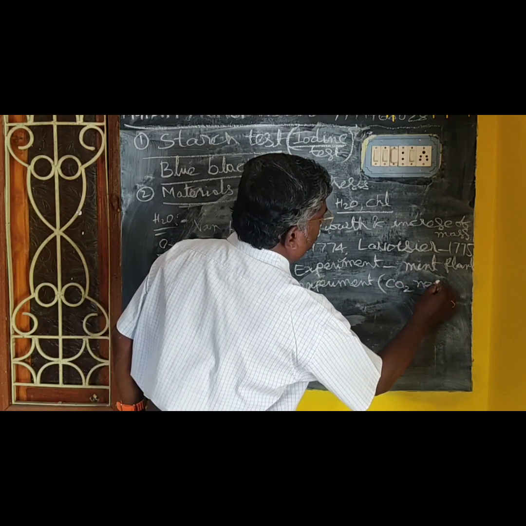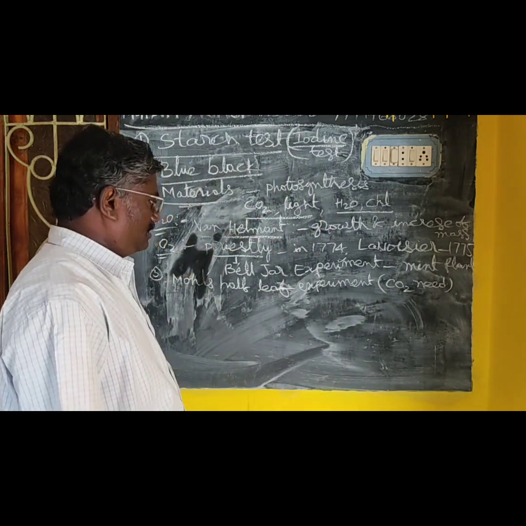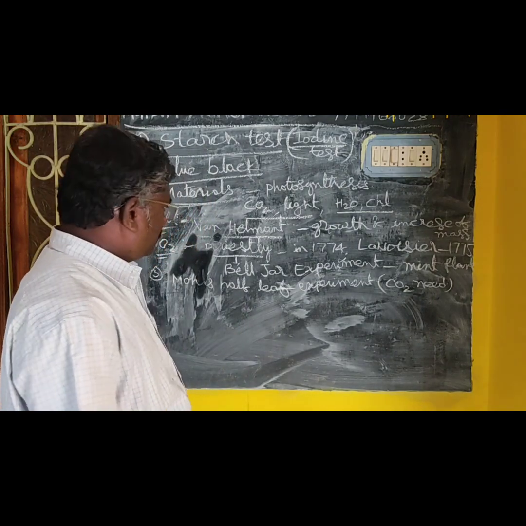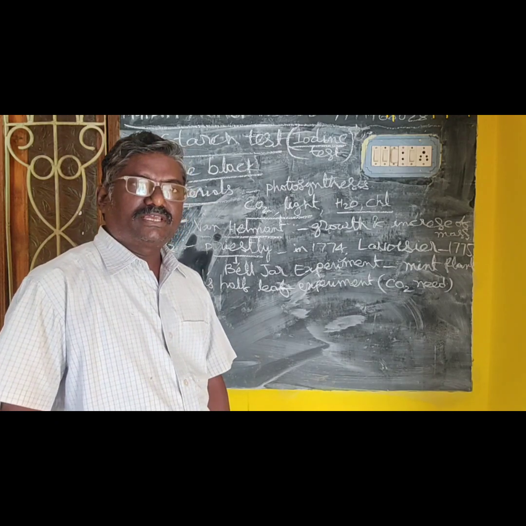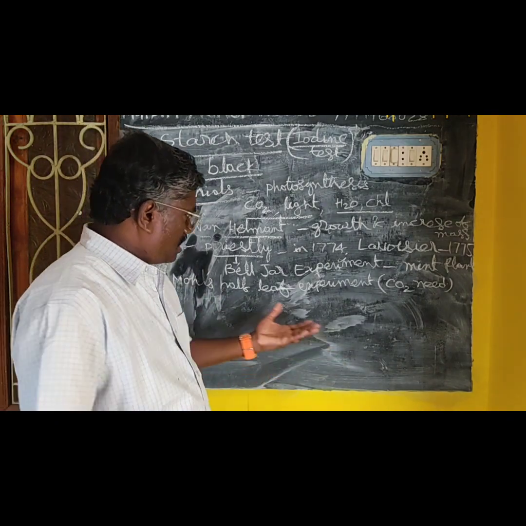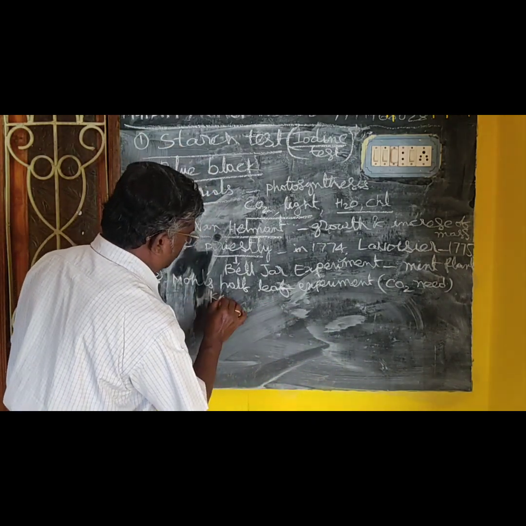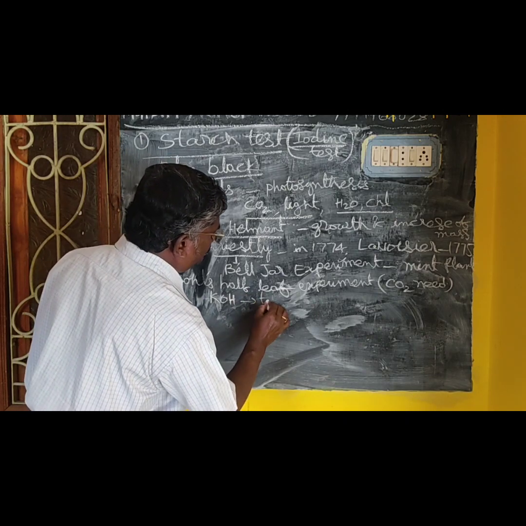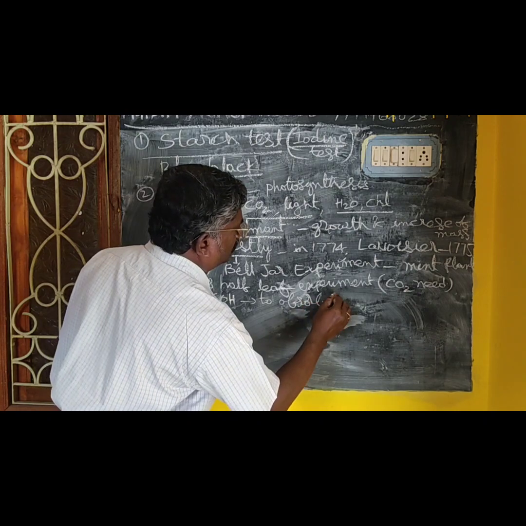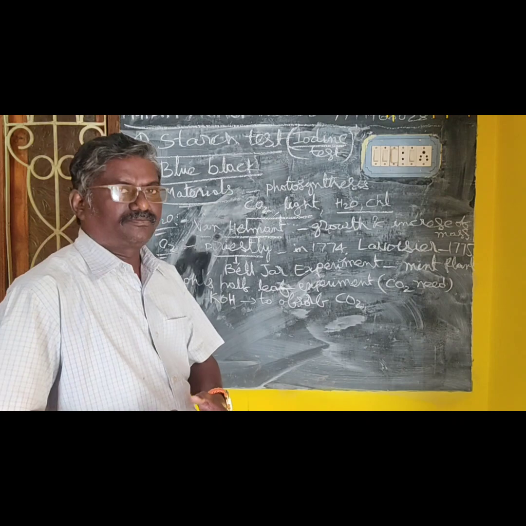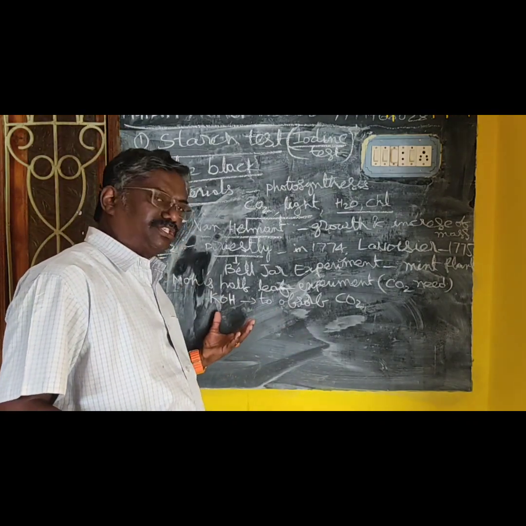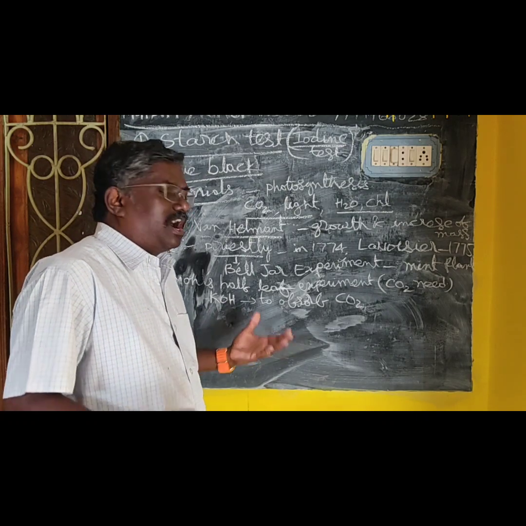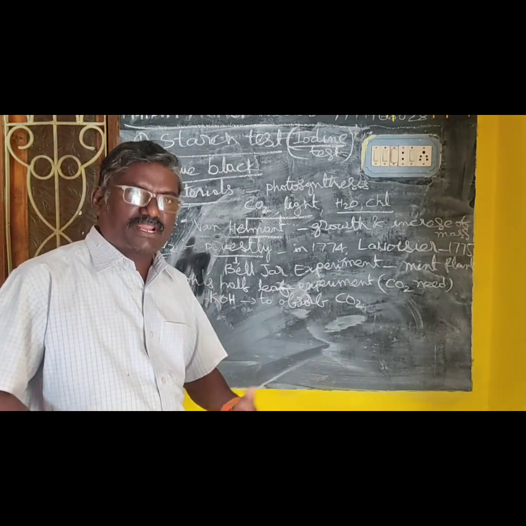CO2 is important, essential. In this experiment, he used KOH, potassium hydroxide, solution or pellets, to absorb CO2 in the bottle. So KOH absorbs carbon dioxide. It is its character.